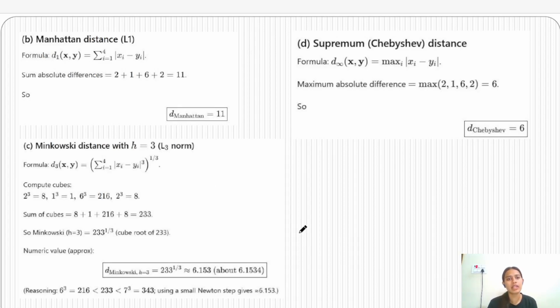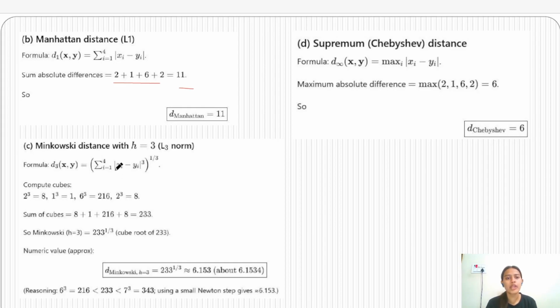Now we have Manhattan distance. For Manhattan distance, we just sum up all the differences, and whatever we get, here we get 11, so it is our Manhattan distance. In Minkowski distance with h equals 3, what we have to do?